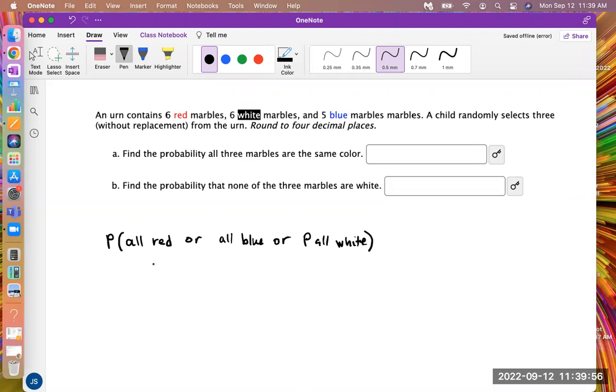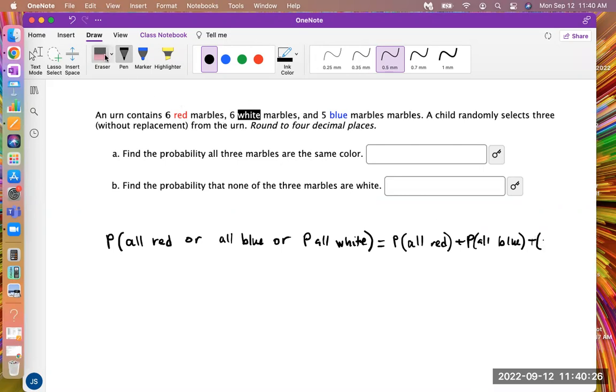And that probability is just going to be the probability that they're all red plus the probability that they're all blue plus the probability they're all white.